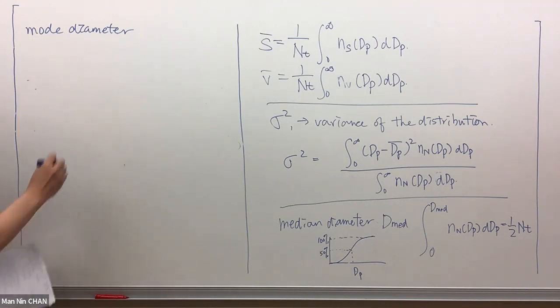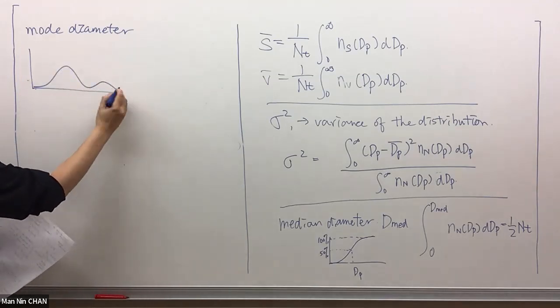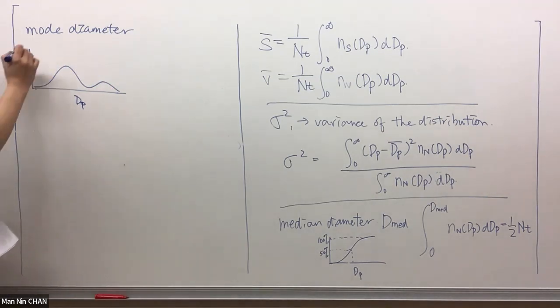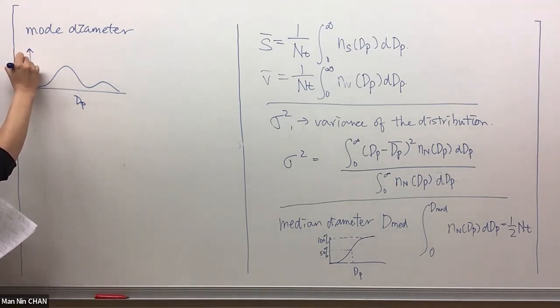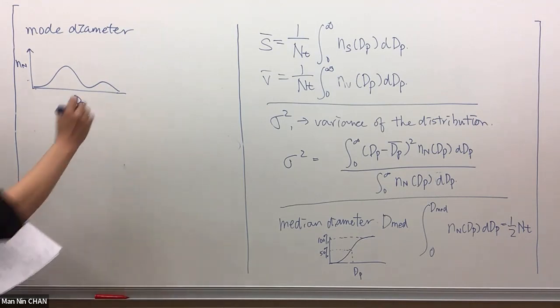So in case it's a distribution like this, the mode diameter is trying to locate this local maximum of your number distribution.